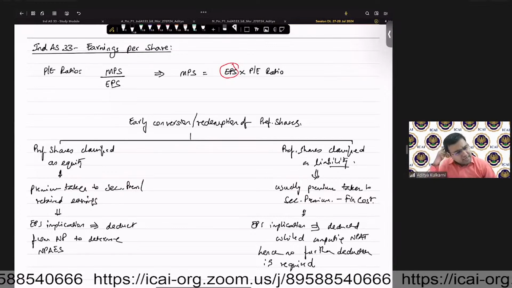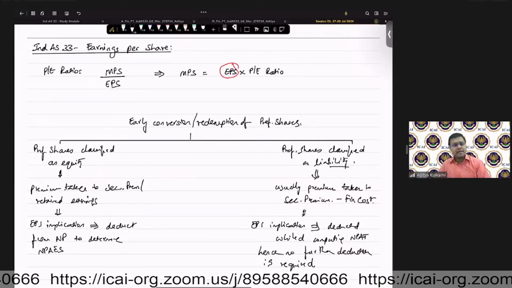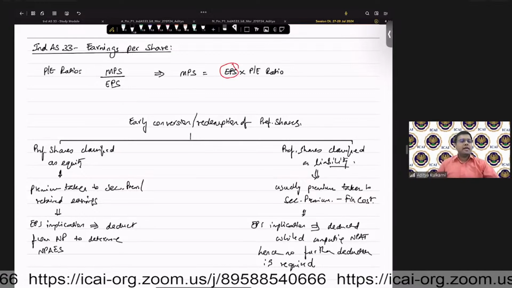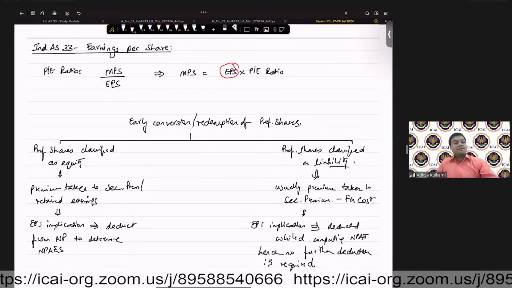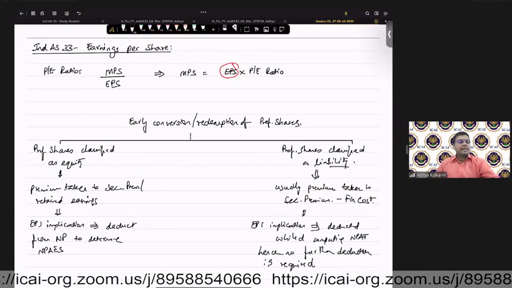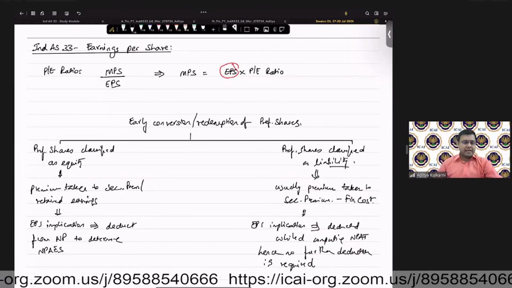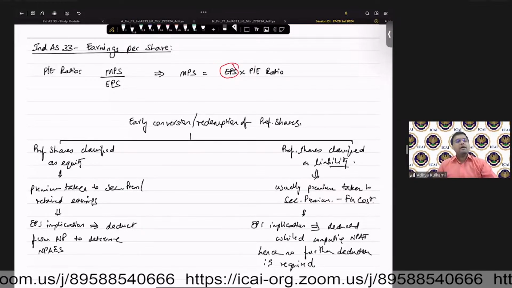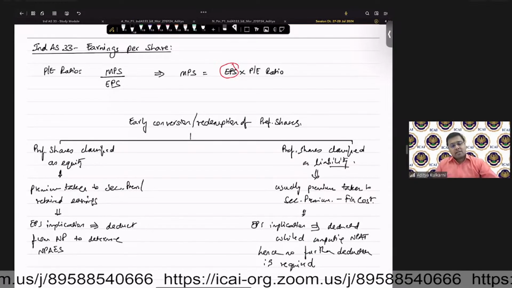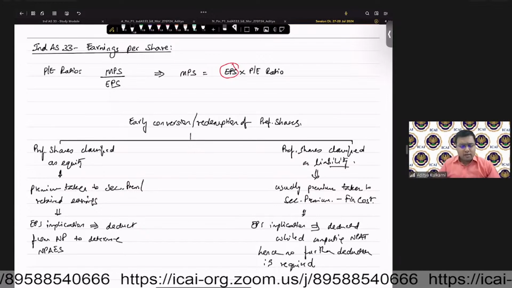Are we able to understand the difference between these two? Preference shares classified as a liability, the premium goes and sits in your P&L because it becomes a finance cost. But in the case of preference shares classified as equity, there is no question of finance cost. So whatever premium you pay will be outside the P&L in the retained earnings or securities premium. You deduct it. Are we clear with this?